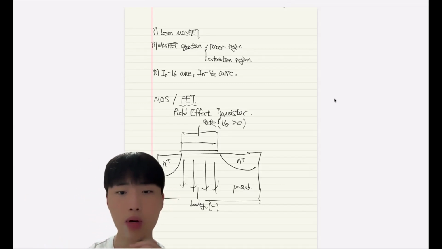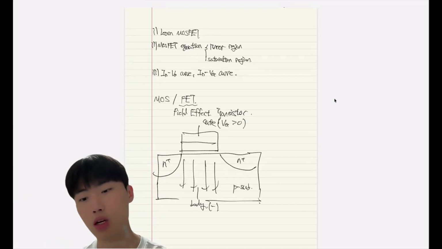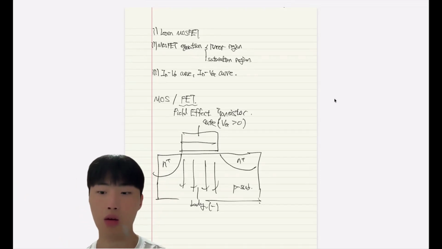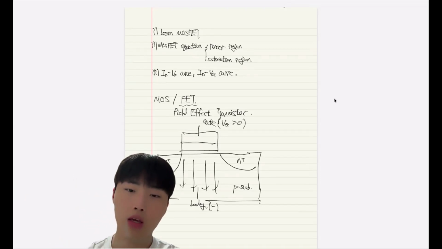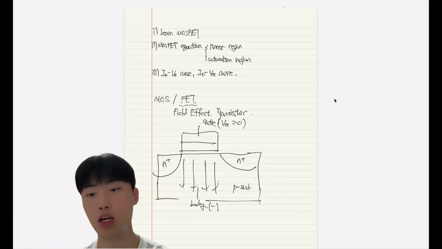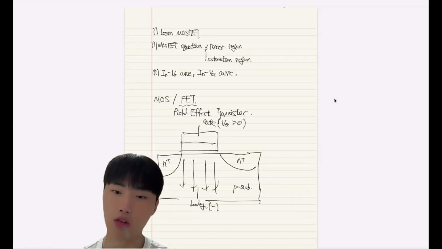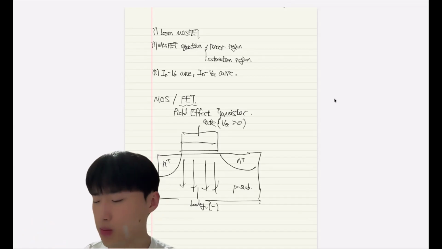But the electrons' direction will be opposite to the electric field, as we learned in electrodynamics. If you cannot understand why the electrons' direction is opposite to the electric field, you should learn electrodynamics again.